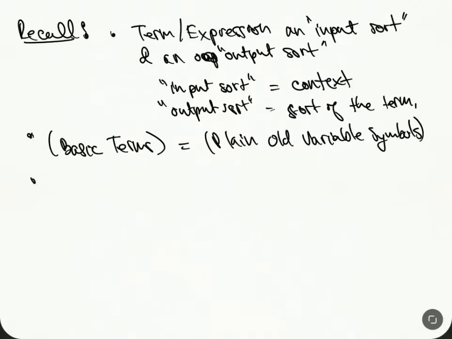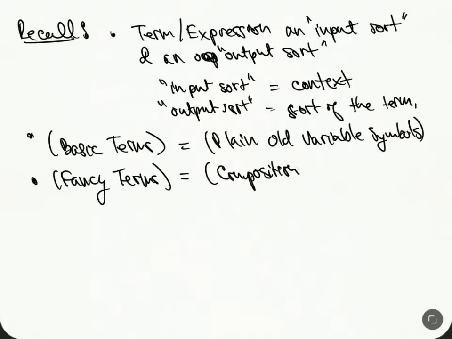And we had the fancier terms, which were the composition of, let's say, old terms. In particular, we start with a basic term, and then once we have a term, we're allowed to plug it into this thing with function symbols.